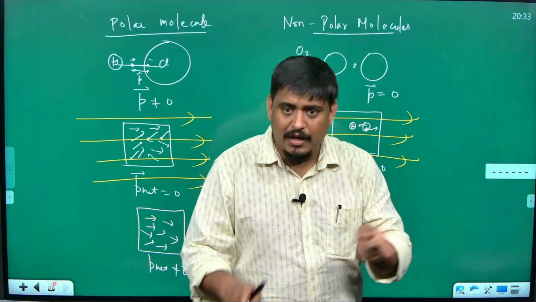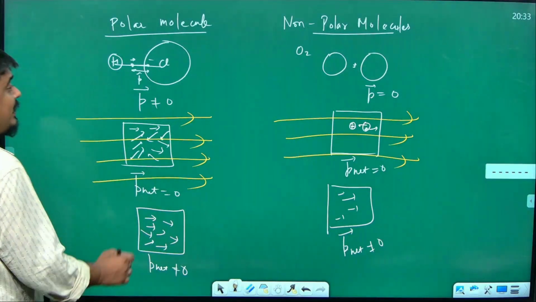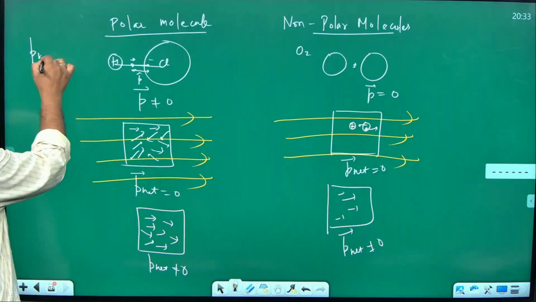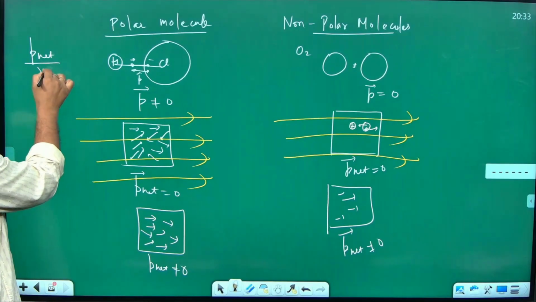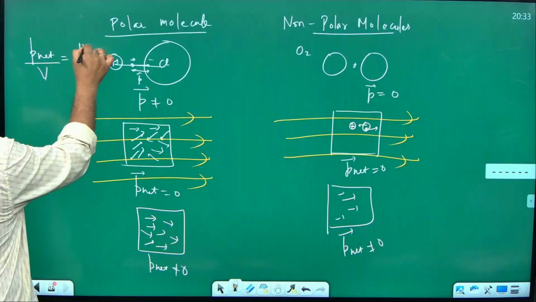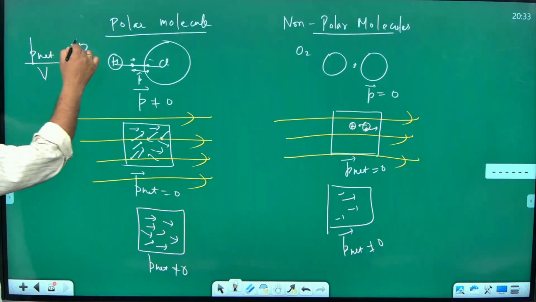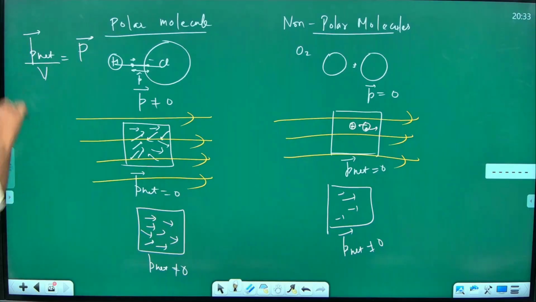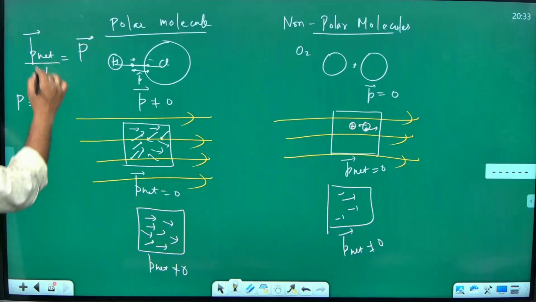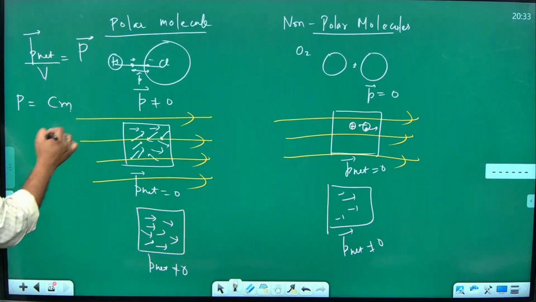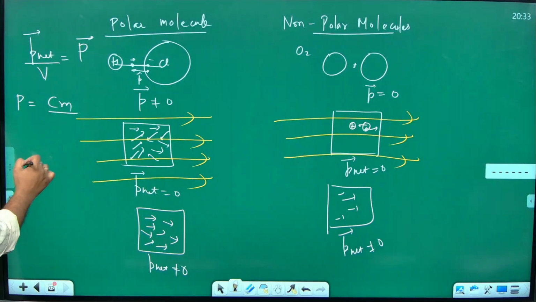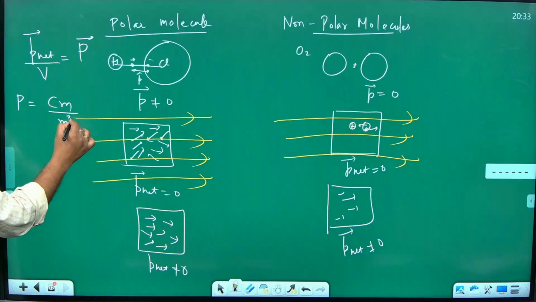Clear to you? Net dipole moment per unit volume is called polarization. It is a vector quantity, P by V. So what will be its unit? Dipole moment is Coulomb meter, and volume is meter cube.